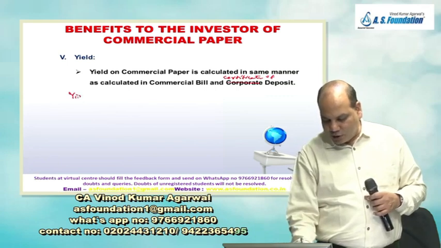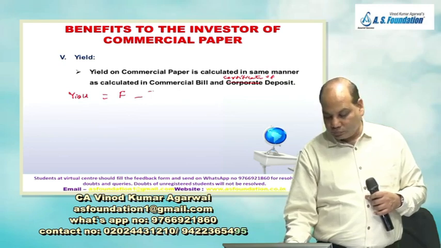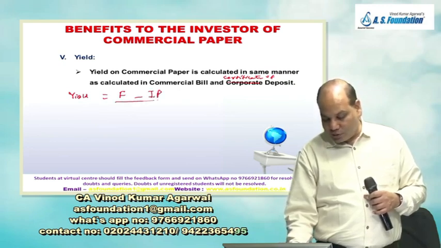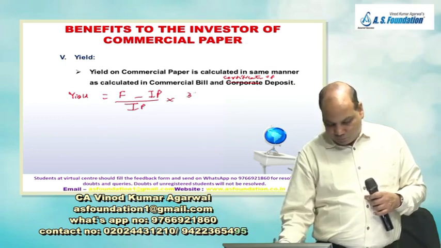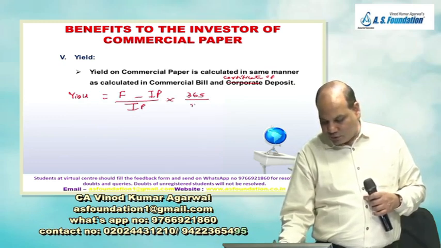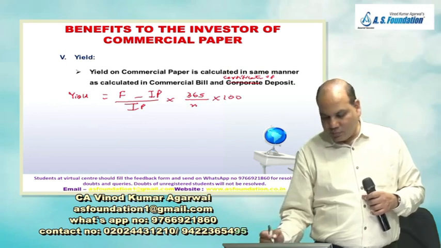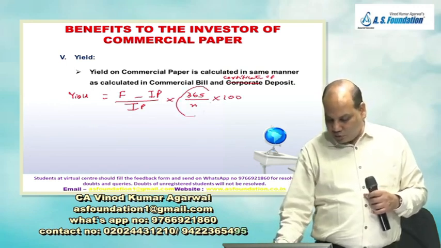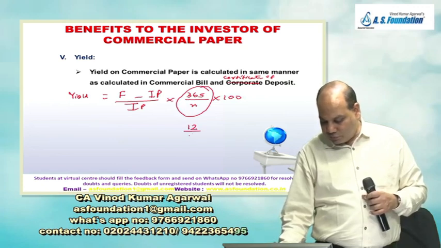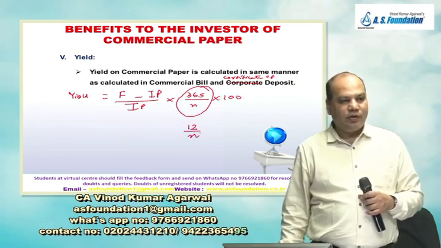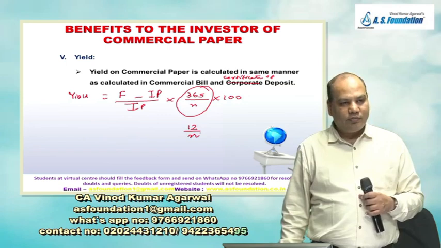Formula for calculating the effective yield is face value minus issue price, upon issue price, into 365 divided by n, into 100. Instead of 365, if months are given, take 12 by n.